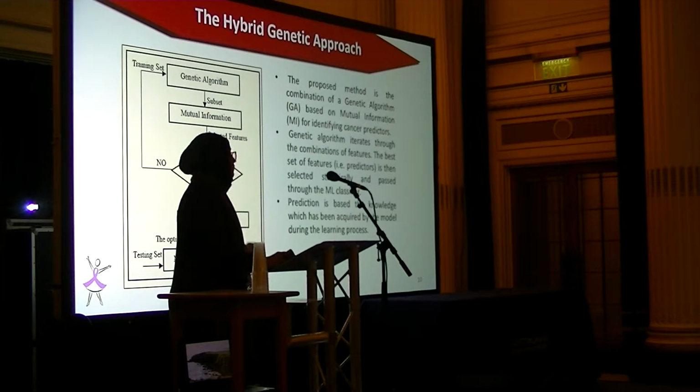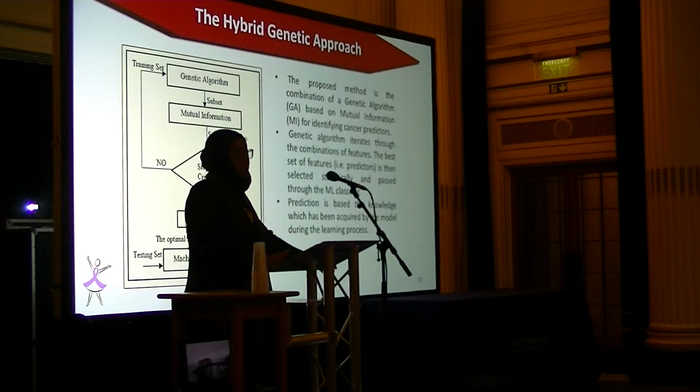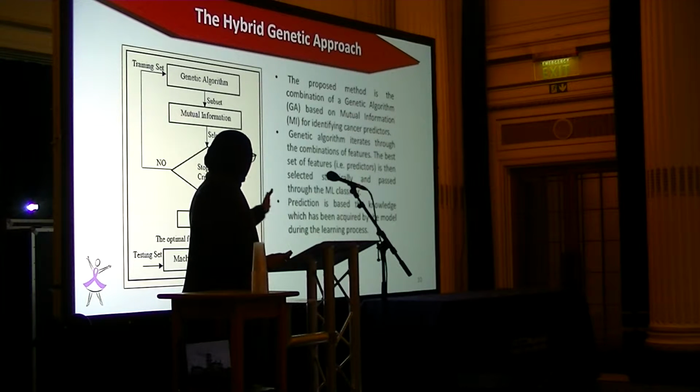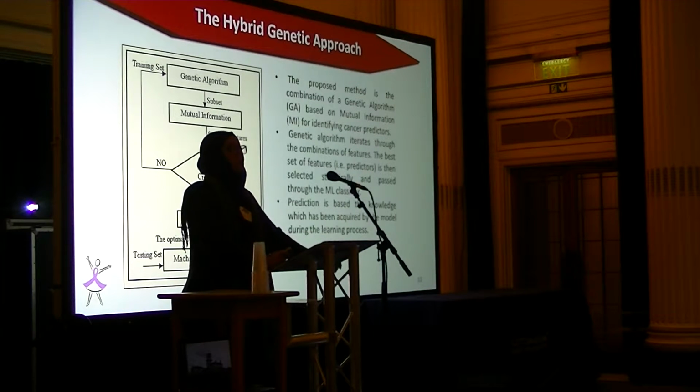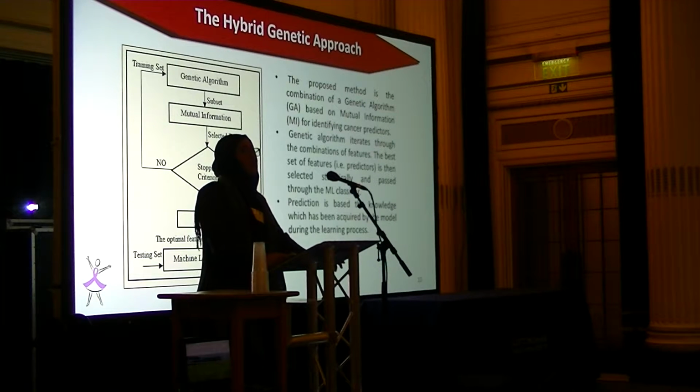The solutions found by the proposed method are used to train two different classifiers, the support vector machine and the k-nearest neighbor. The prediction will be based on the knowledge which has been extracted and obtained during the learning process.